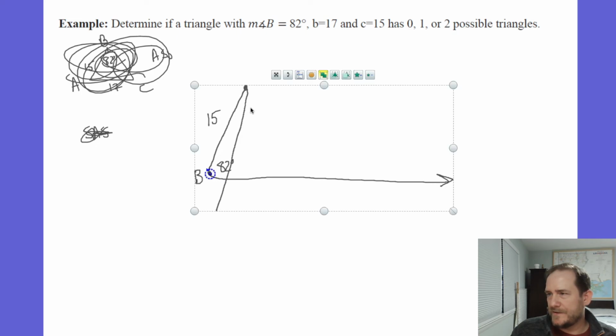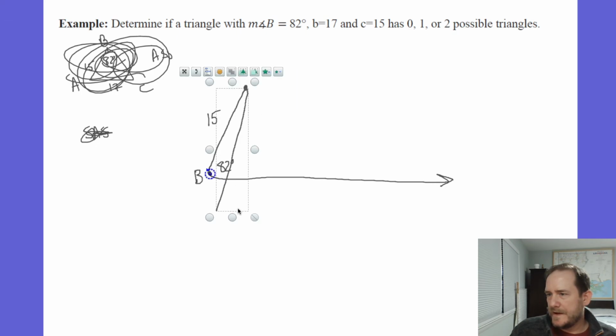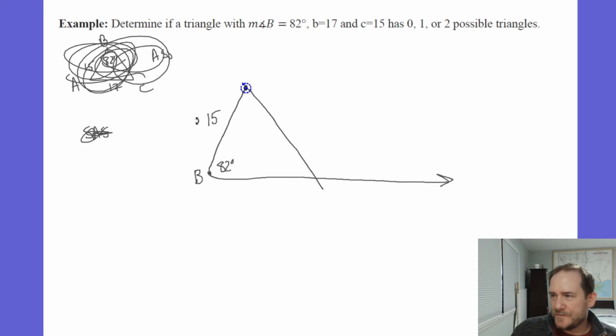So if I grab this and try to swing it, I can show you that swinging it, wait, why? Oh, because I'm dumb. Sorry, put that there. And then we can swing this thing like a pendulum. And that side will happily swing out to here, creating 1 triangle. But the second you try to swing it back, it's not going to work. It doesn't hit the side. It's too long.